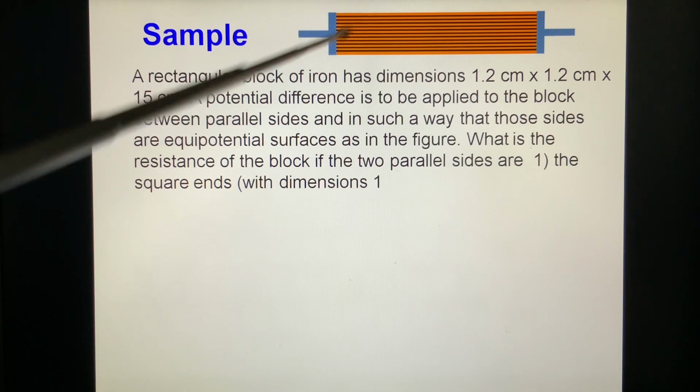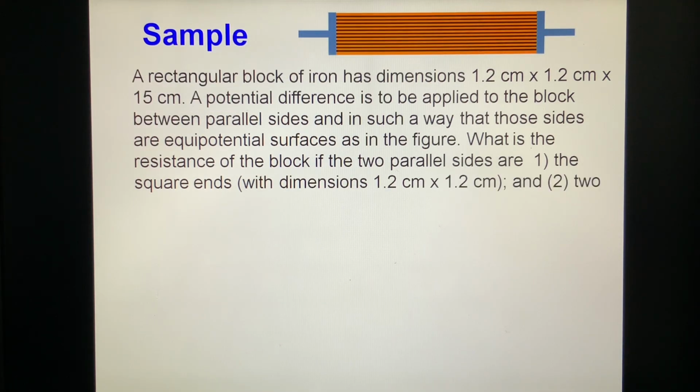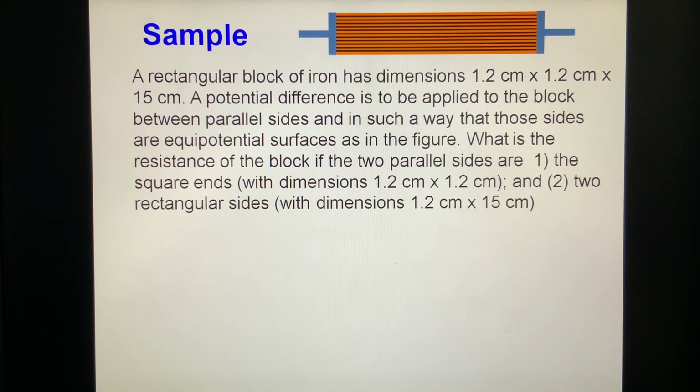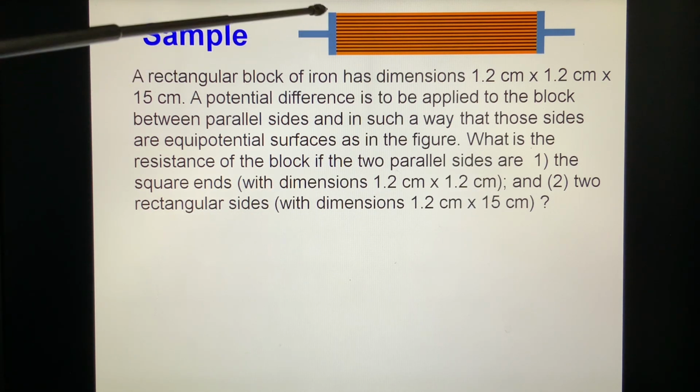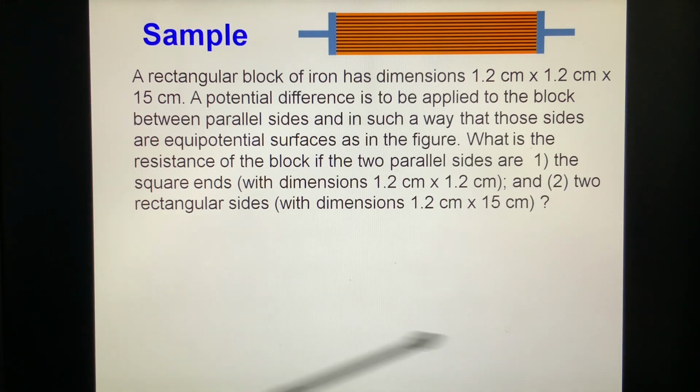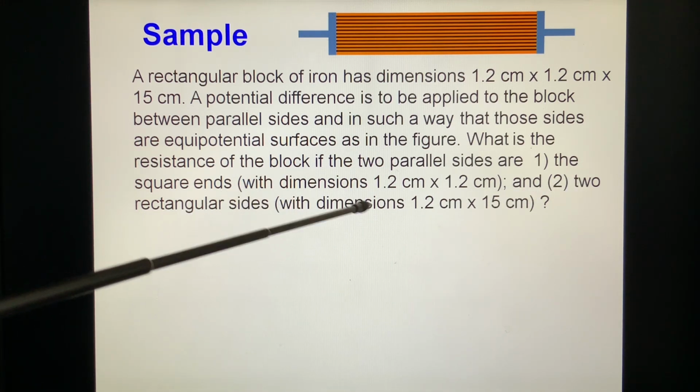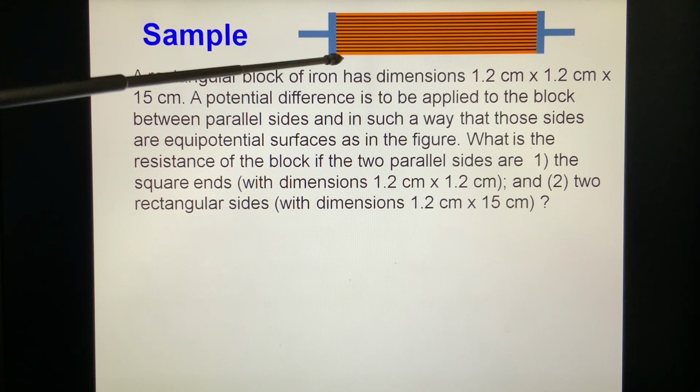What is the resistance of the block if the two parallel sides are the 1.2 centimeter by 10 centimeter square? And the two rectangular sides are 1.2 by 15 centimeter?